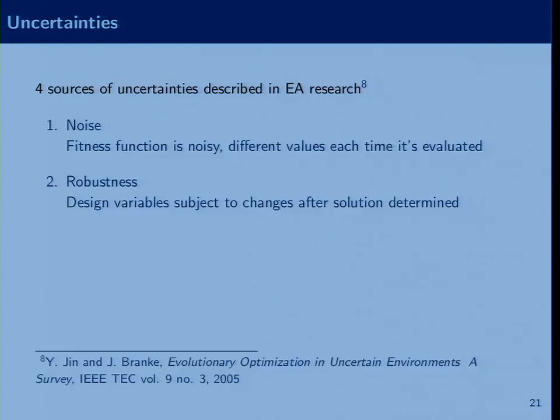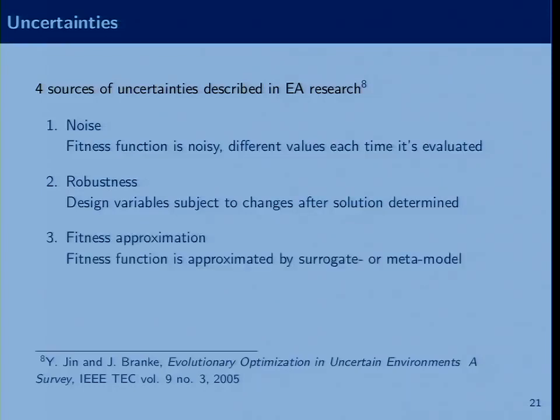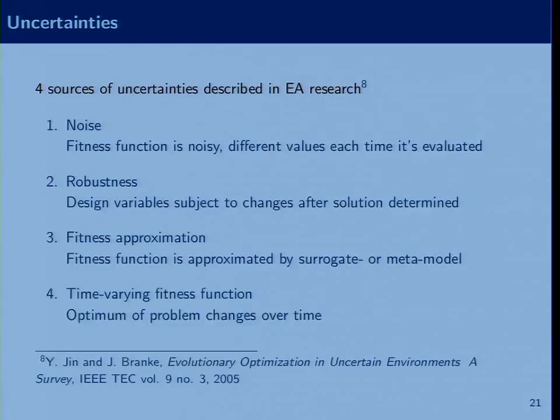So this is the robustness considered here. Fitness approximation is the next source of uncertainties, which means that your original fitness function might be approximated by a surrogate or a meta model. And the last point is a time-varying fitness function, where the whole fitness function and in particular your optimal value varies over time.